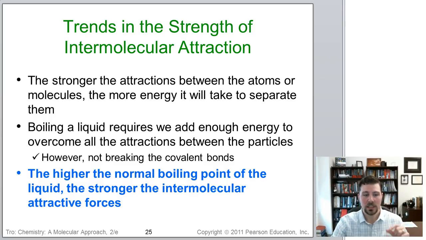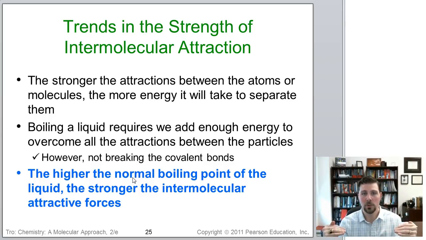In general, the key point here is the higher the normal boiling point of a liquid, the stronger the intermolecular forces will be. Notice we're using the word normal. We're talking about normal boiling points, which means you're under normal atmospheric conditions. If you change the pressure of something, you can adjust its boiling point. So we're going to say the normal boiling point of all of these liquids correlates directly to the intermolecular forces that are felt, and that way we're comparing them all at the same pressure.